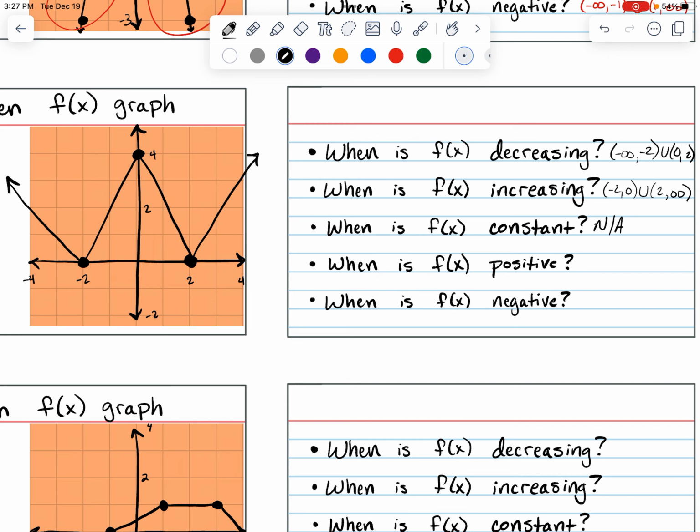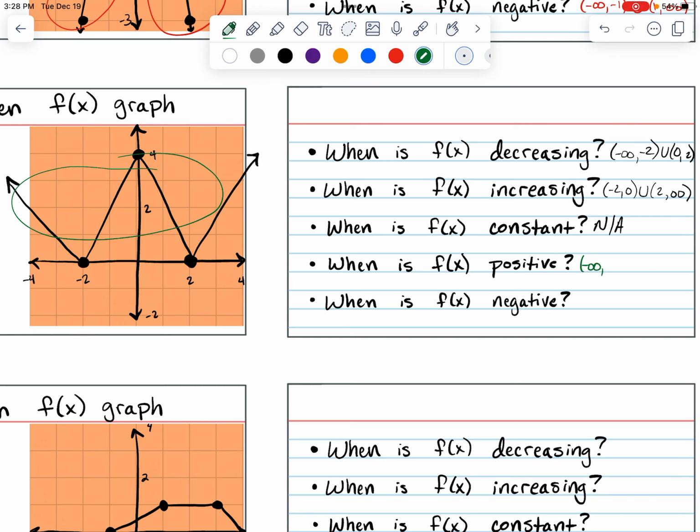When is f of x positive? Well, that's going to be for everything above the x-axis. And you might be thinking, well, coach, that's everything that we have here. But at -2 and 2, it's actually equal to 0. And 0 is neither positive nor negative.